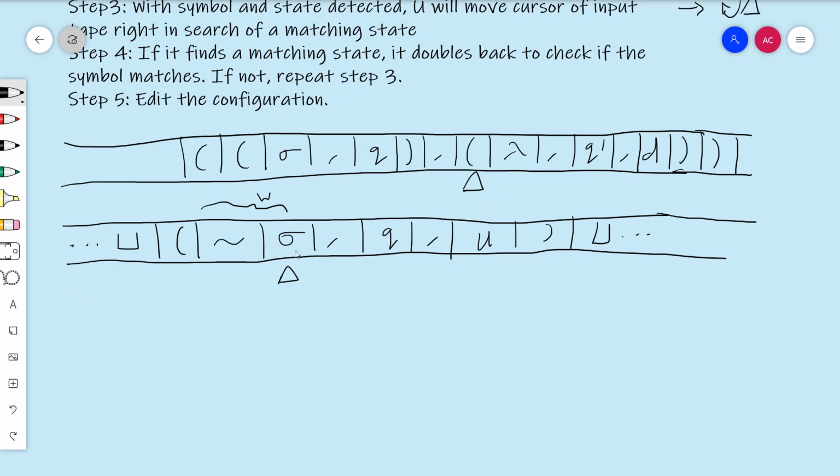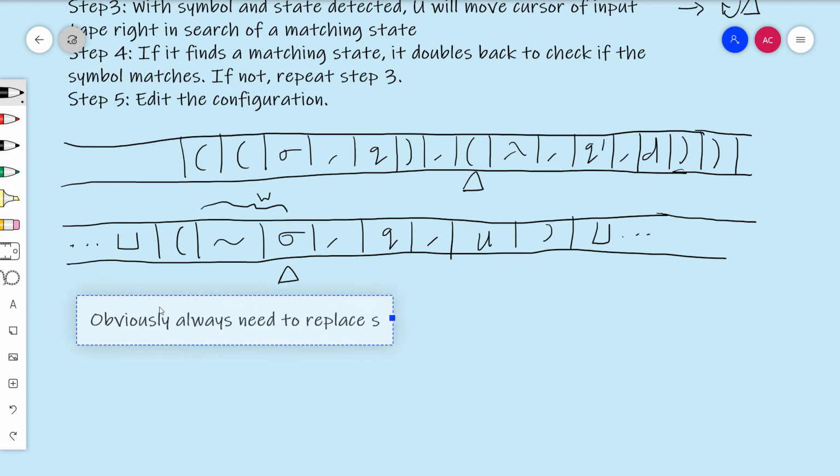At the minimum I need to replace sigma with sigma prime, because that's what it's telling me to do, and I need to replace Q with Q prime. That's the obvious thing to do, but there's not much to that. Obviously those steps are simple.